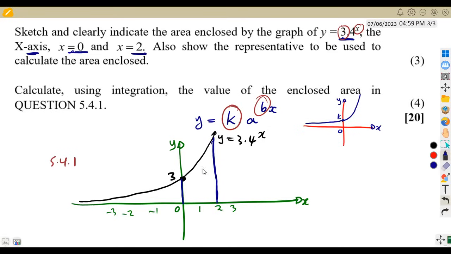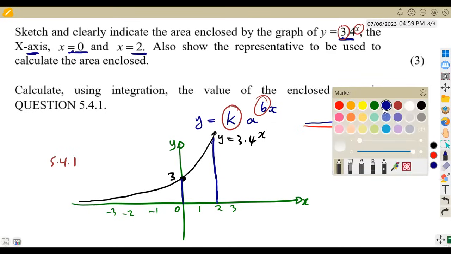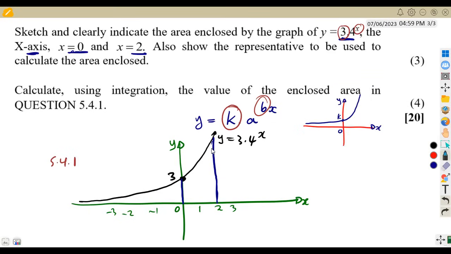So our area is bounded by the graph and the x-axis, limited in between. So meaning to say, we are having a cross-section here, the area in between, bounded by this graph, like this. So this is what you're having in actual sense. So the representative strip now is the one that is showing the x-axis. So you can just indicate our representative strip in between our area like this.